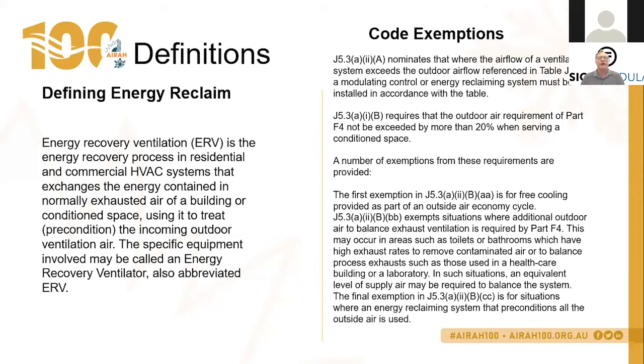If you have a system where the exhaust is being used for other purposes, such as healthcare or laboratory buildings, and additional outside air is brought into the building to balance out the exhaust rates, then again, heat recovery is not going to be particularly beneficial. So there are situations, and you need to read the clauses and be aware of the exemptions when applying these systems.